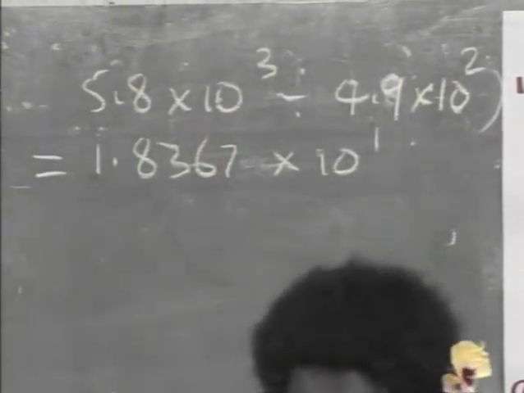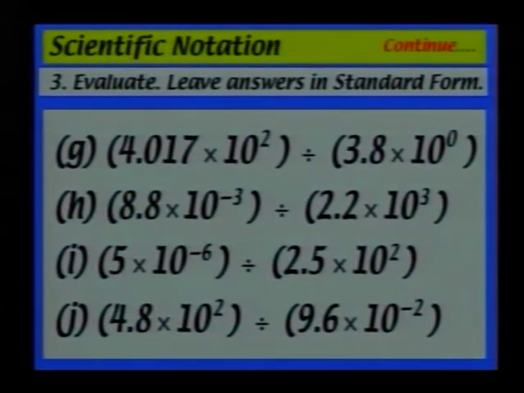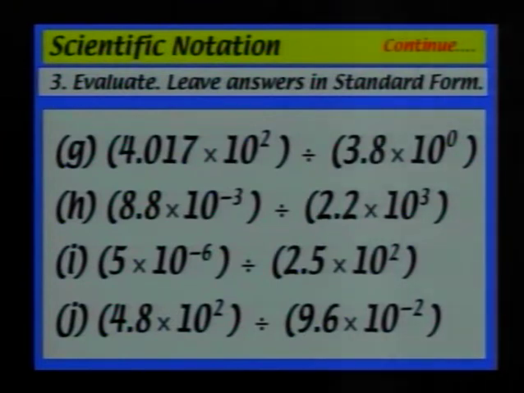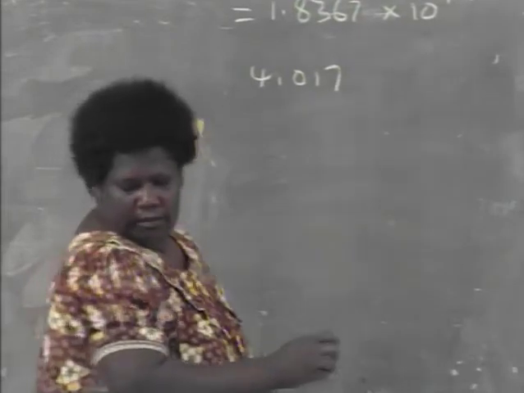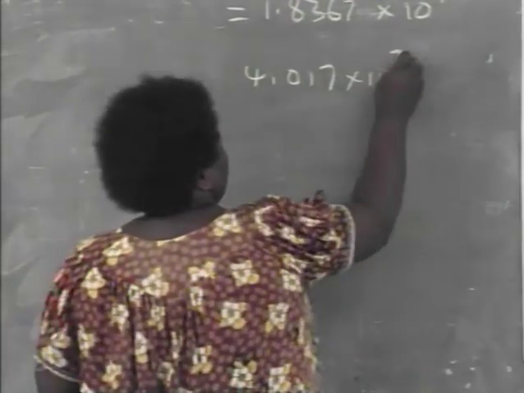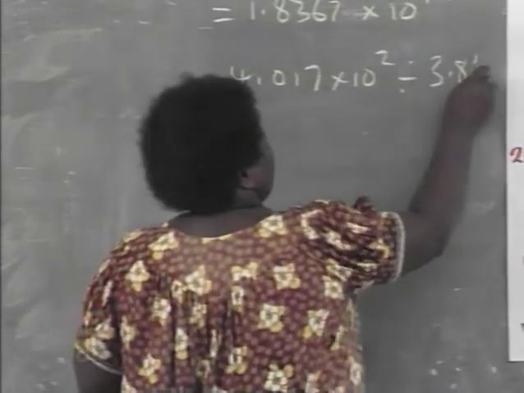Letter G, did everyone divide? How many people divided? How many people added? Most of you added. Okay, let's get the answer for division. 4.017 times 10 squared divided by 3.8 times 10 to the power of 0.